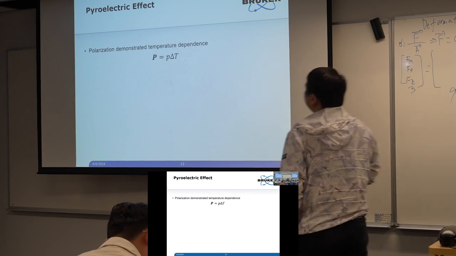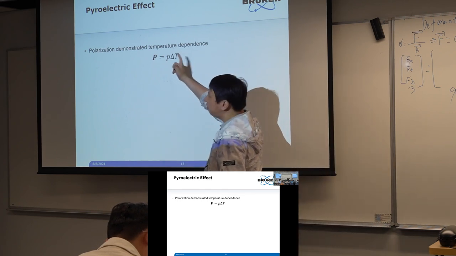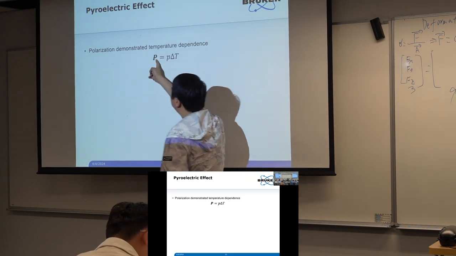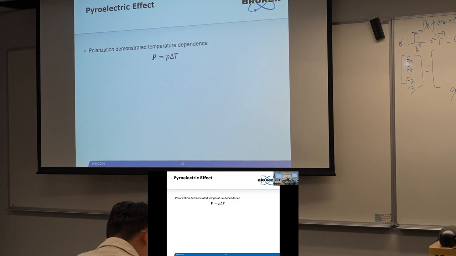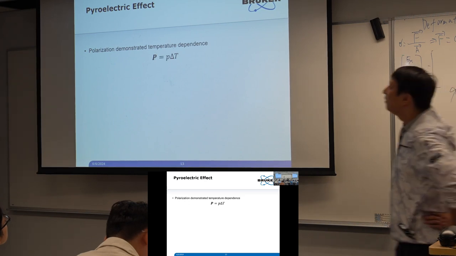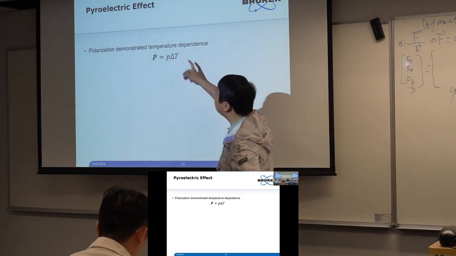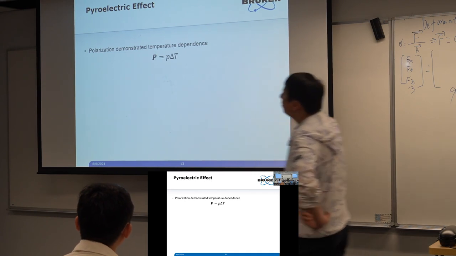They found that if I increased the temperature, the polarization can be changed, and this kind of phenomenon they called pyroelectricity. It means I can use temperature to change the polarization.